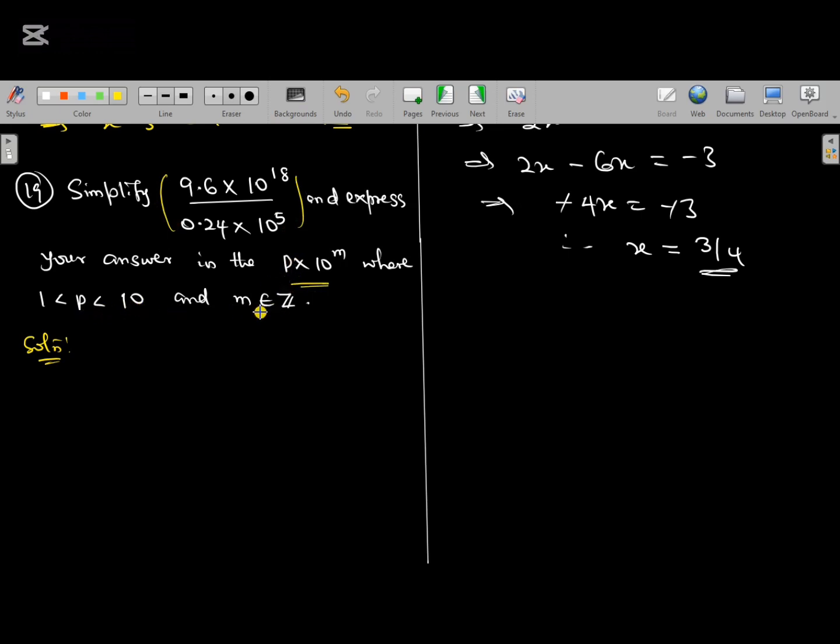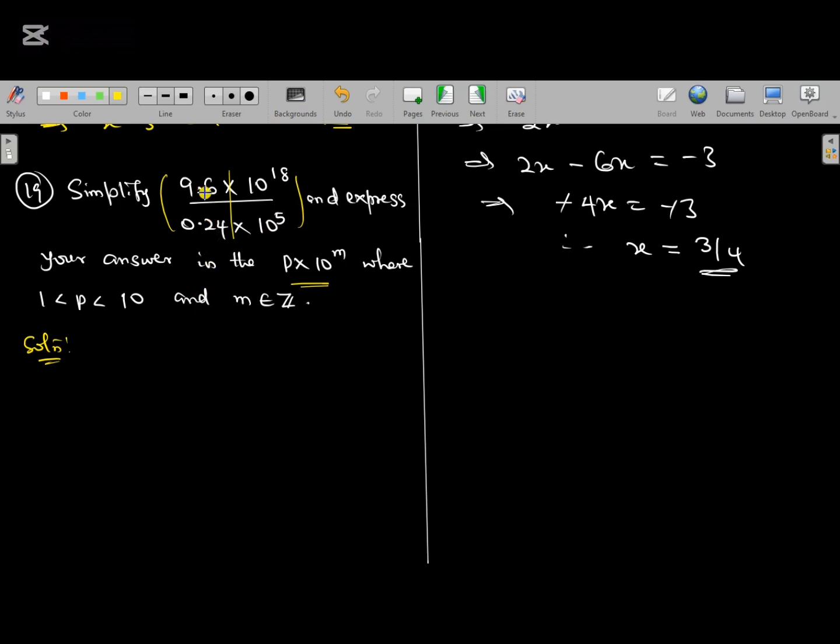So this is just multiplication and division in standard form. But of course, standard form is just an offshoot of indices, or a baby indices. So what do you do here? You can split this into 2 this way: let the numbers divide, then times, let the ones in power divide.